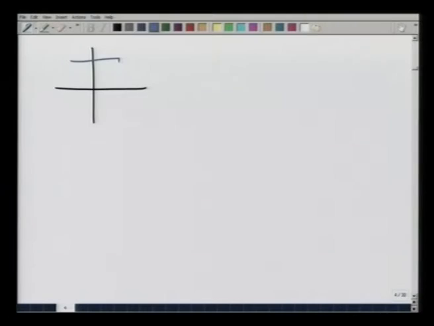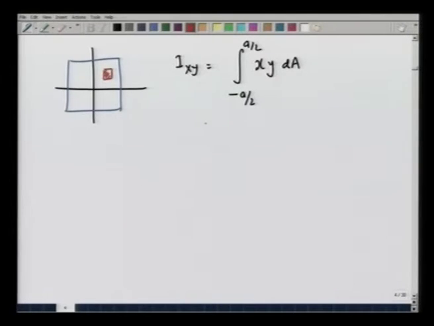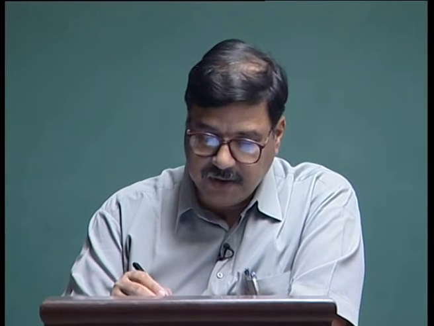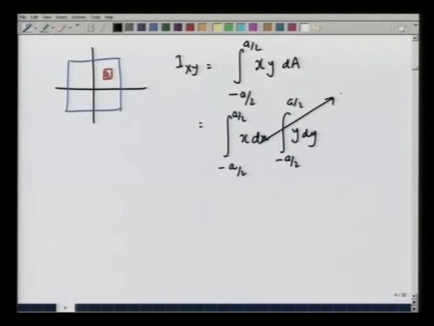Third, for the product of area, you see that I x y is equal to integral x y dA over minus a by 2 to a by 2, and if I choose a small area dA here, this will be equal to integral from minus a by 2 to a by 2 of x dx times integral from minus a by 2 to a by 2 of y dy, and by antisymmetry of the functions x and y, this goes to 0.